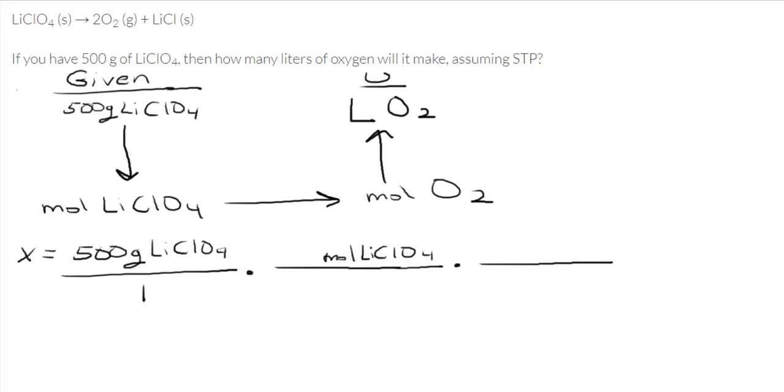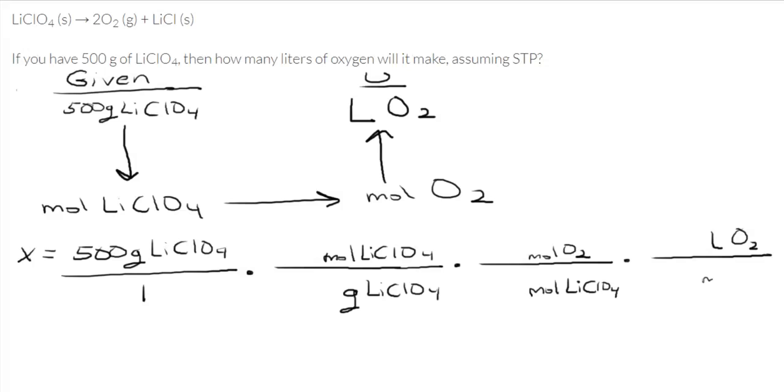From there, I go to moles of O2, and from there, I can convert to liters of O2. I need my units to cancel, so grams of lithium perchlorate down and to the right, LiClO4, moles of lithium perchlorate down and to the right, lithium perchlorate, and then moles of O2 down and to the right.